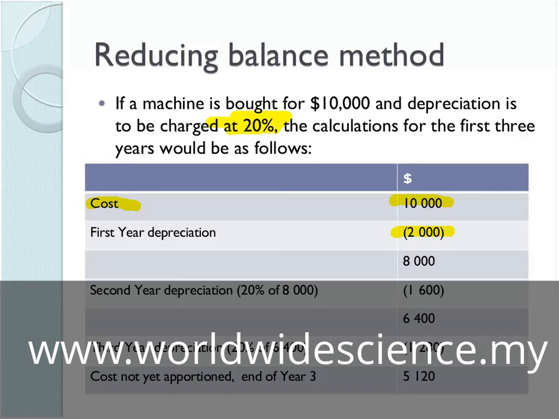So for each asset, the percentage will be different. If in accounting you would like to calculate this, you have to find this list with the rates for the depreciation. I think I can find it for you and send it to you, don't worry. But always for machinery, vehicles, and equipment, we calculate depreciation at 20%.